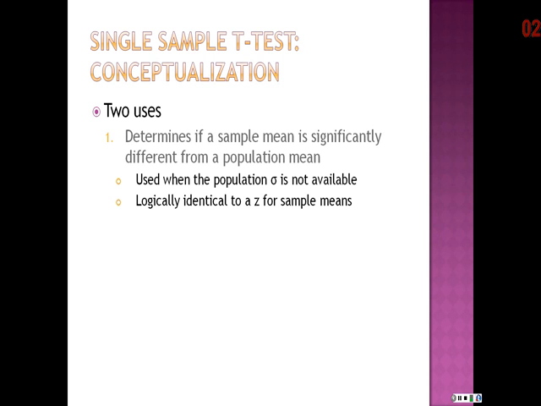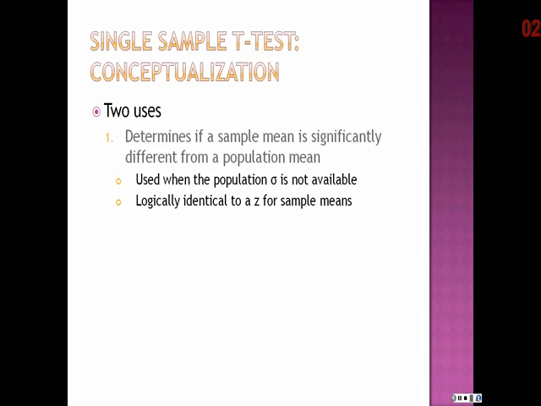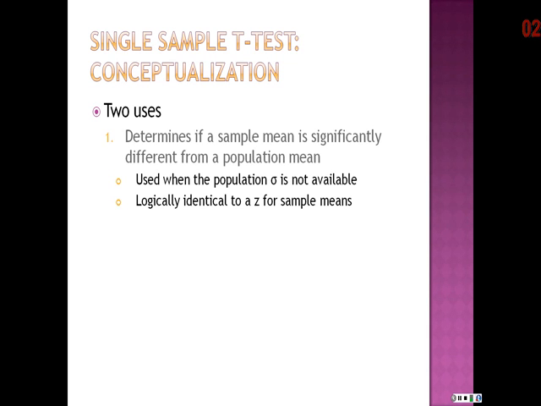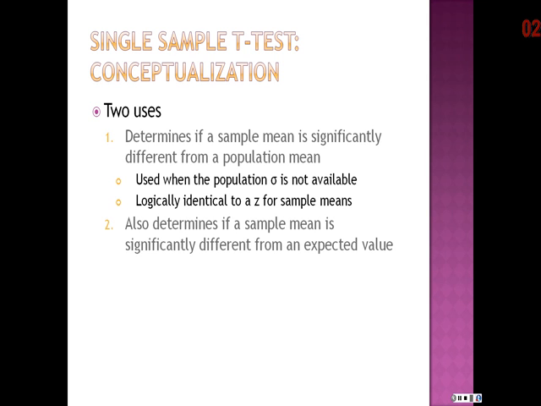So this is logically identical to a z-score for a sample mean, with the exception that the population standard deviation is not available. A second use is to determine if the sample mean is significantly different than some expected or some hypothesized value. So this doesn't compare to the population, but compares to some preset hypothetical value.